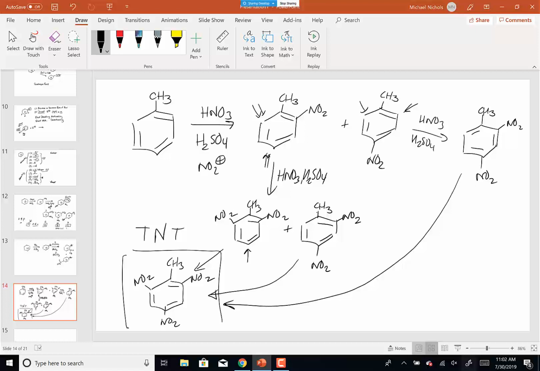I've made the ring less reactive. And if I make the ring less reactive, how do I get the next nitro group on it? I'm probably going to have to heat it. So there's a fine line here between heating and blowing up.